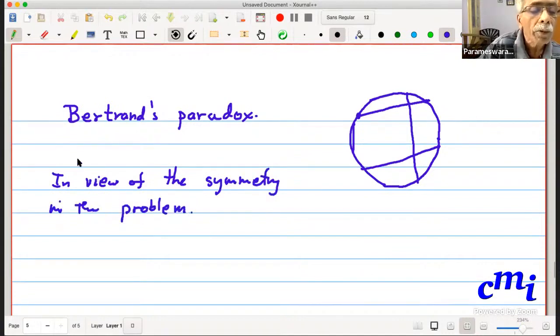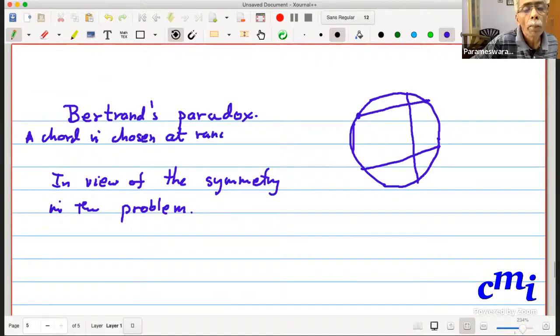So I didn't say what the problem is. This is why it takes a long time to write down. I should have probably. So here is the problem: a chord in a circle is chosen at random.